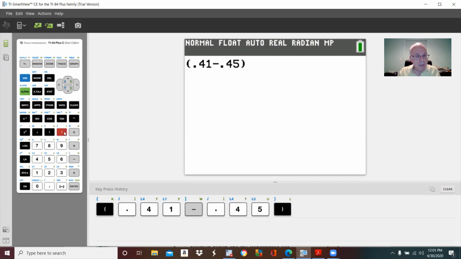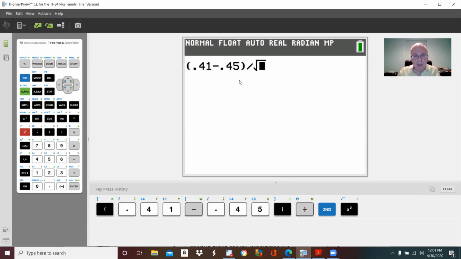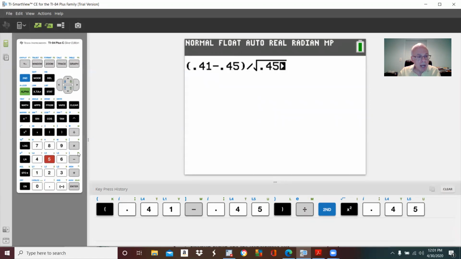close parentheses, divided by a square root in our denominator because the standard error is the square root. Now remember, inside here we're going to use p, the hypothesized p, which in this case is 0.45. We're not using p hat. So we type in 0.45 times q, or 1 minus p, which is just 1 minus 0.45.